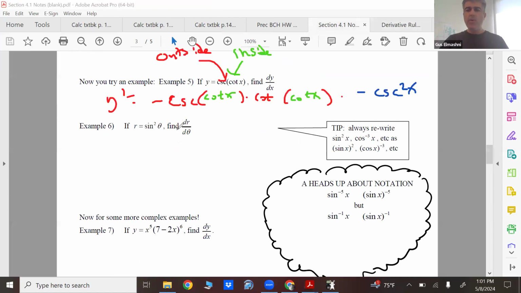Now, who cares if you're using r and theta or x or y? It's all the same thing, right? So that's easy. And by the way, if you see something like this, you should know that means sine x raised to the second power. So actually, let's prime it first and write it like this, and then do r prime.